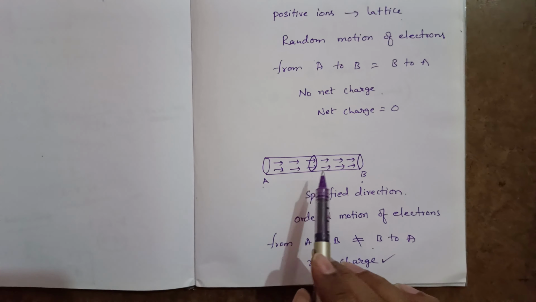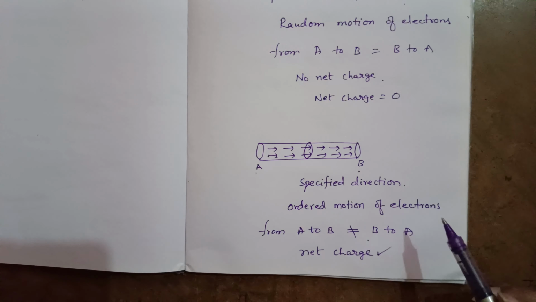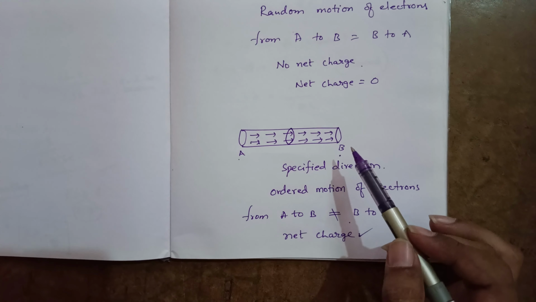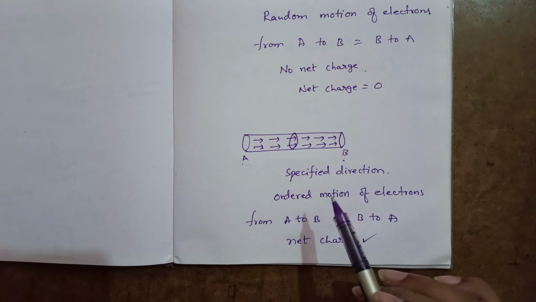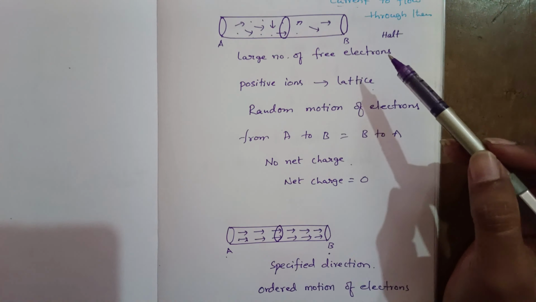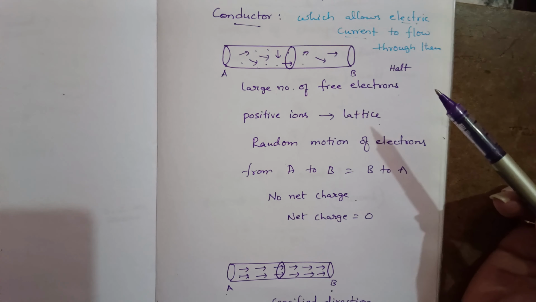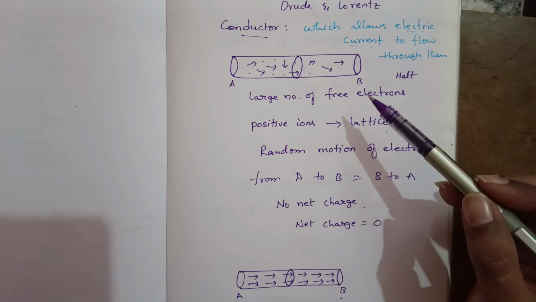Now when it is connected to the source, here also when they are moving, they collide with lattice ions. In that situation, it loses some of its energy, and that energy is again gained from the electric field. In open circuit, it is losing energy, but nobody is giving its energy back.